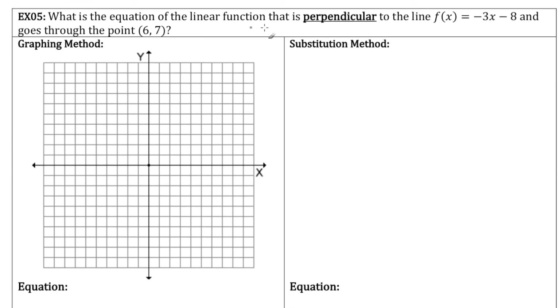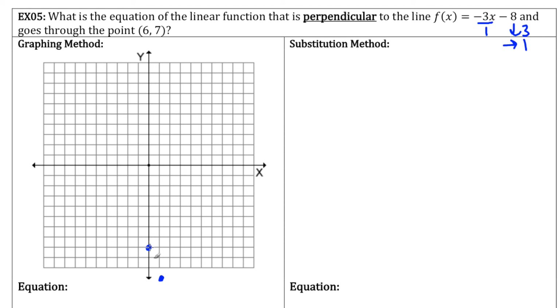What is the equation of the linear function that's perpendicular to negative 3x minus 8? So minus 8. So this is negative 3 over 1. So down 3, right 1. 1, 2, 3, right 1. Now, this isn't going to help me.